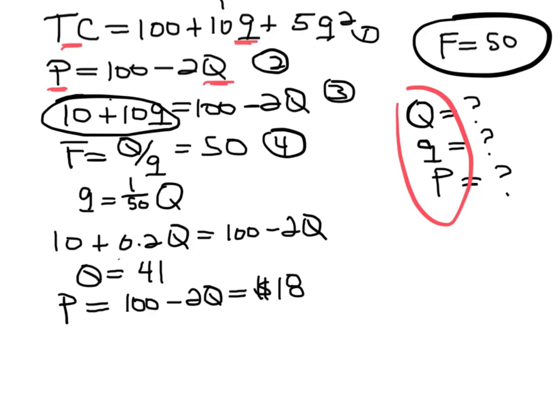Okay, so we found what we had set out to do, and then we can also find small q, right? Small q is going to be equal to 1 over 50 times 41, which is going to be equal to 0.8. All right, so we found what we had set out to do. Now, the final question here is, is this a long-term or a short-term equilibrium?